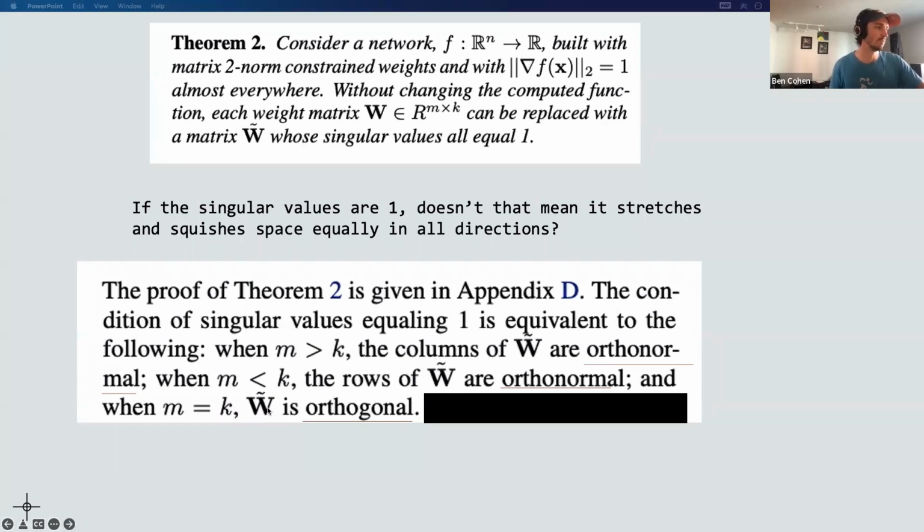And when they're the same, then W is orthogonal. And so, yes, indeed, that means the rows are all warping the space in different directions. I'm not sure I really get what's going on here, but if you blur your eyes a little bit, it seems like it makes sense.